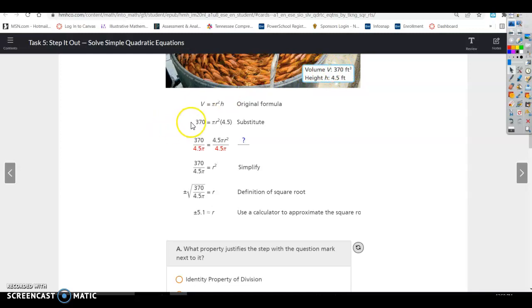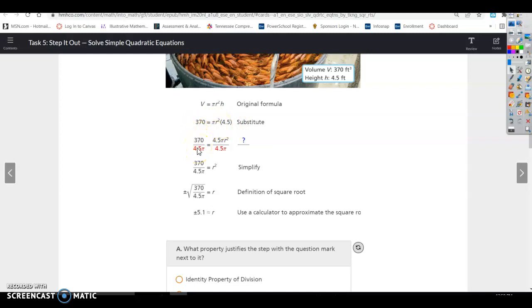So the volume is 370, that goes in place of V, and the height is 4.5, so that will go in place of h. Pi is an irrational number, and this is just the symbol for pi, so that means we only have one variable, r. So we're solving for r, which is the radius.